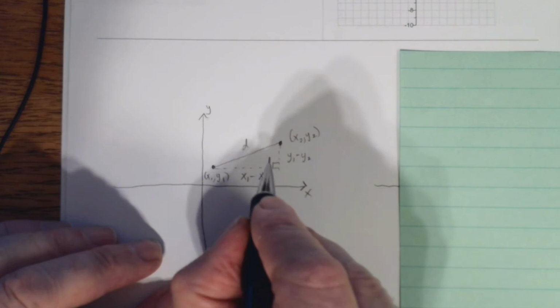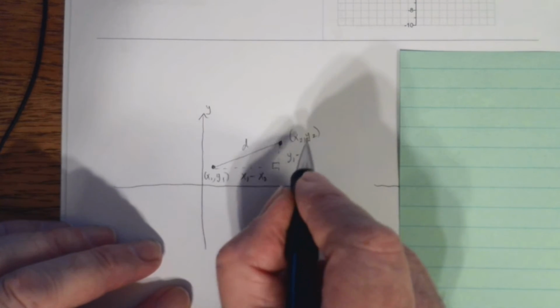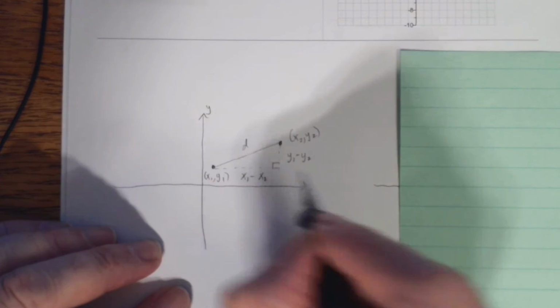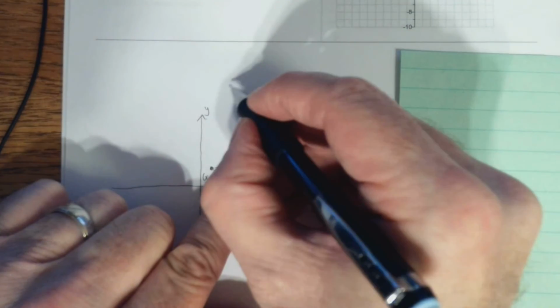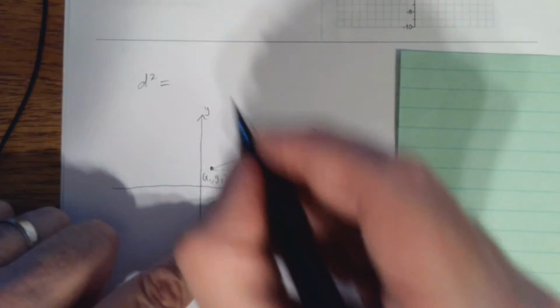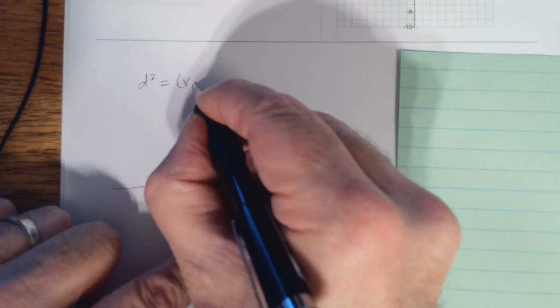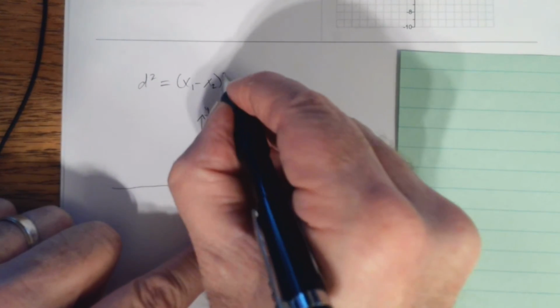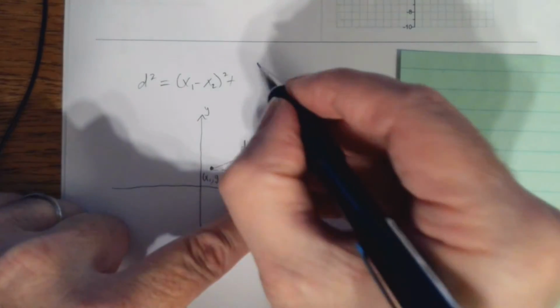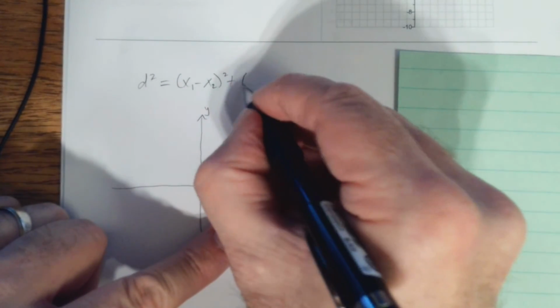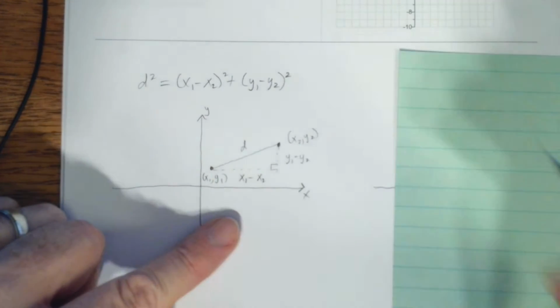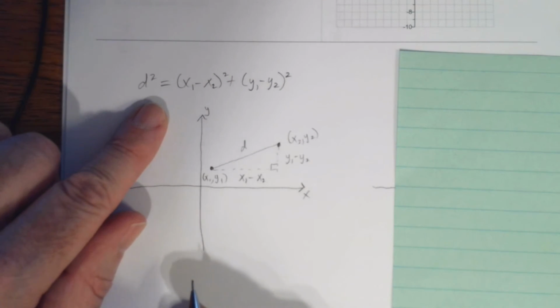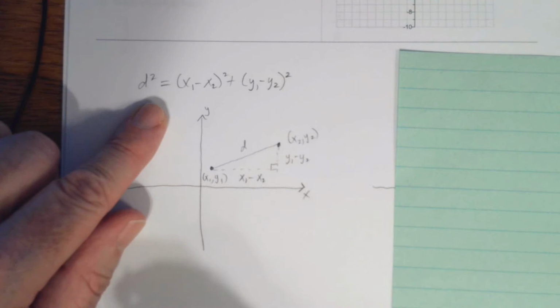Again, I probably should reverse these because that would make these positive, but it doesn't matter because we're going to square it. So now you have d squared is equal to (x sub 1 minus x sub 2) squared plus this side squared. And you can see if I solve for d, you have the distance formula, which I used up above.